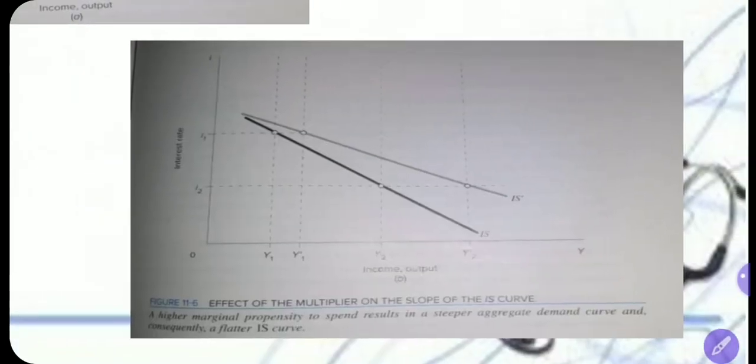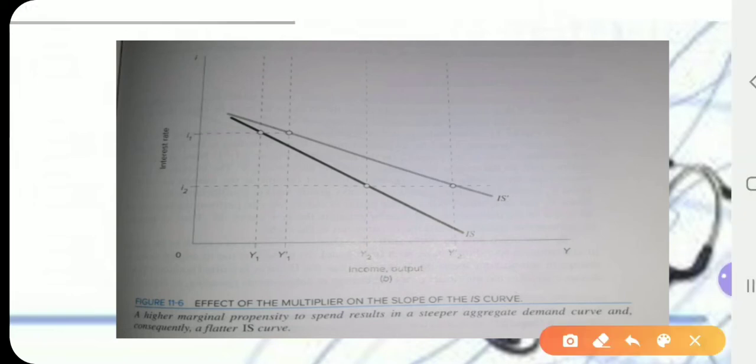And for the second figure here, you can see y1 and y-bar 1, and here they are at the same interest rate. Here is the point, and if we make a line, the IS will be here, and from the y-bar it will be here for the IS-bar.